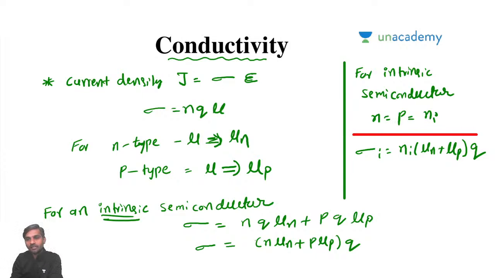The conductivity for an intrinsic semiconductor is going to be this, because for an intrinsic semiconductor, N is equal to P is equal to Ni.